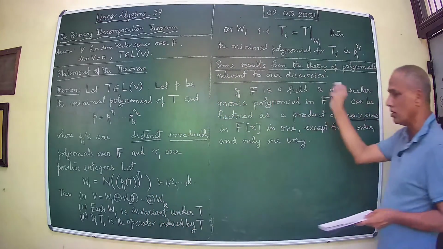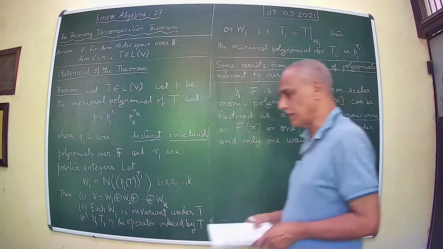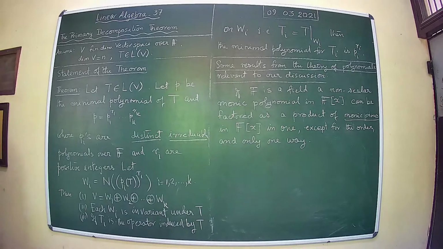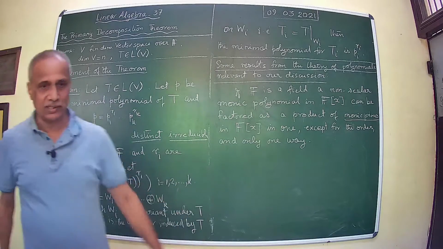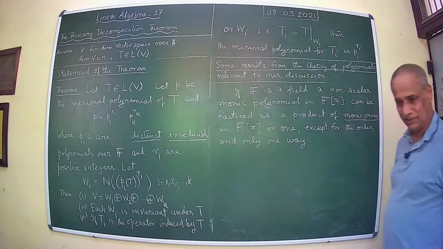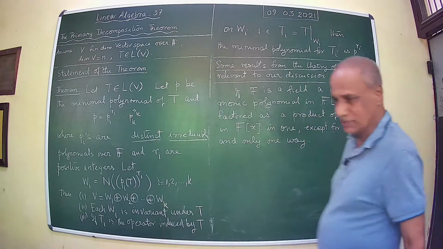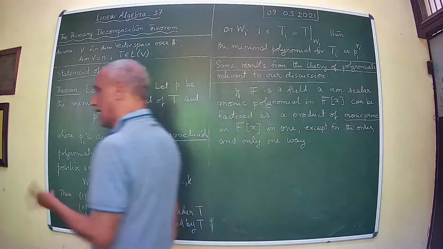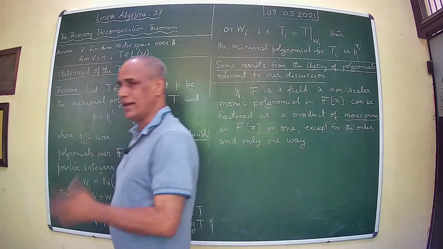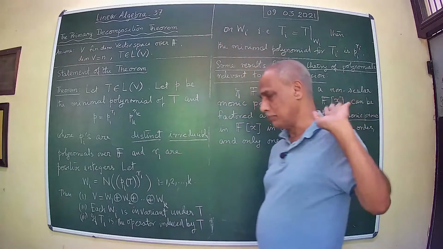This is analogous to what you call the prime factorization theorem that you have for integers. You can write it as the product of prime numbers and their powers in a unique way except for the order in which they appear. So there is one and only one such breakup that you can have.